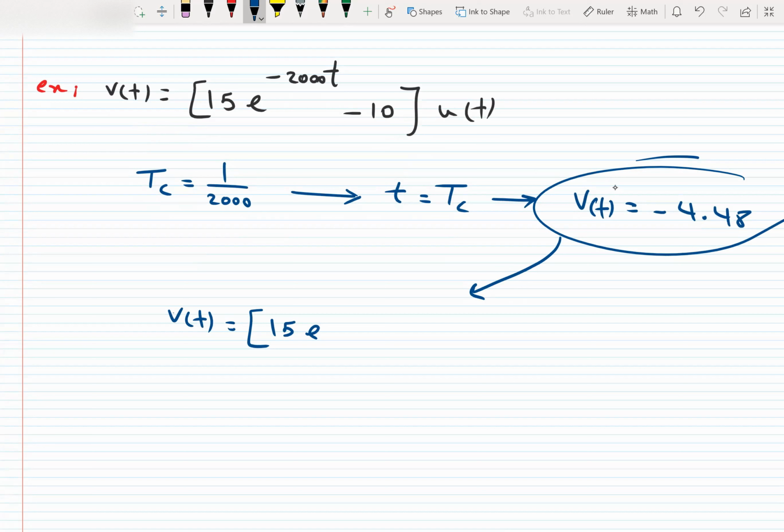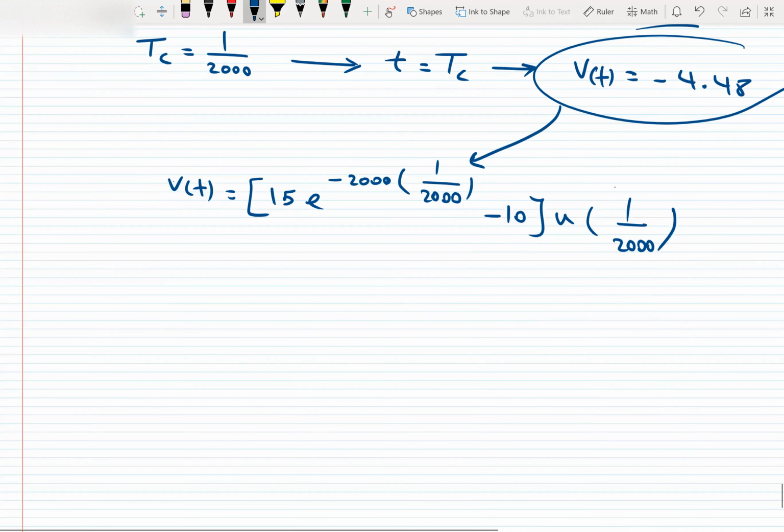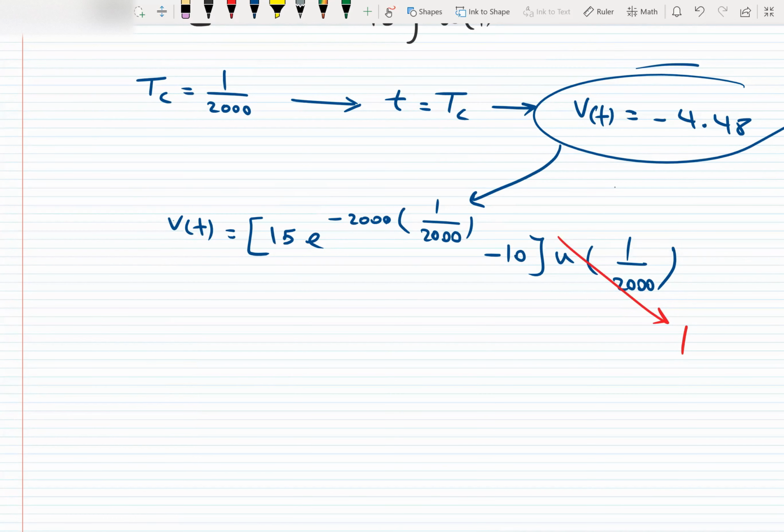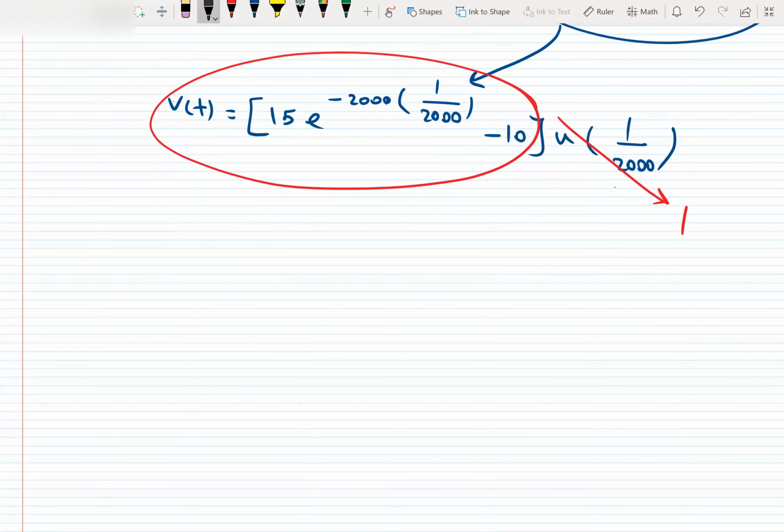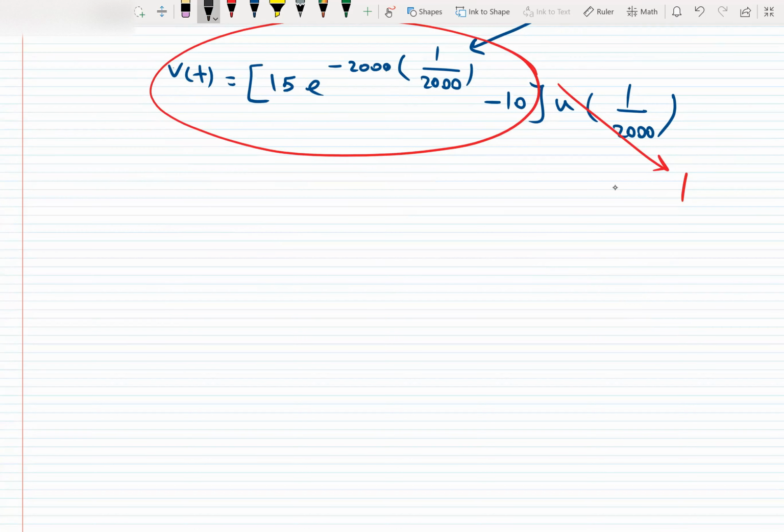So 15 e to the negative 2000 times 1 over 2000 minus 10 u of 1 over 2000. Of course, u of 1 over 2000 is equal to 1 because it's greater than 0. And if we calculate this value, it should be equal to negative 4.48.